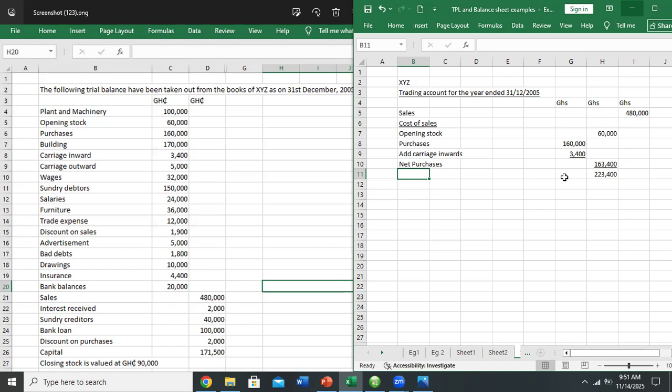That figure, 223,400, represents what? The cost of goods available for sale. Thank you. So please always remember that when you add your opening stock to your net purchases, you arrive at your cost of goods available for sale.